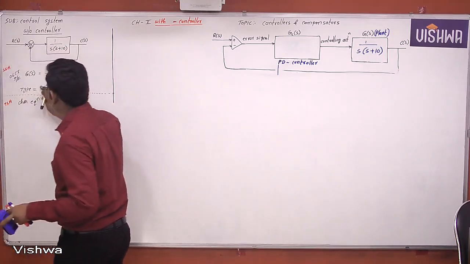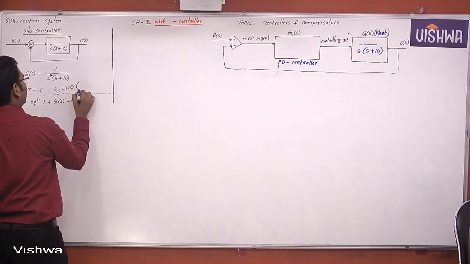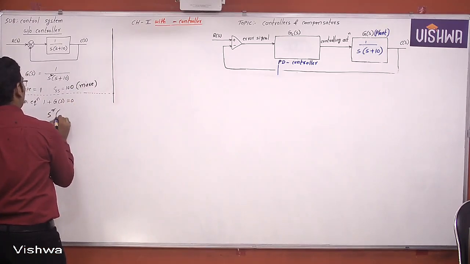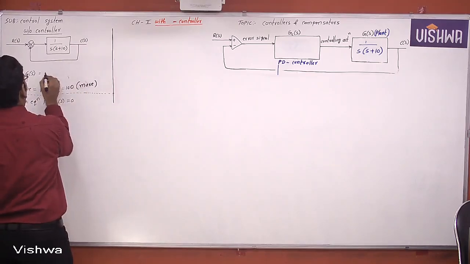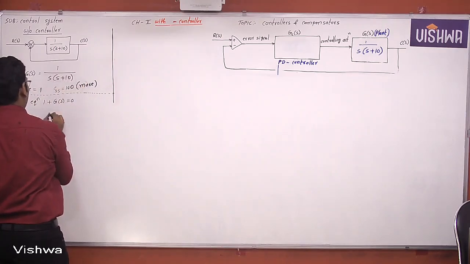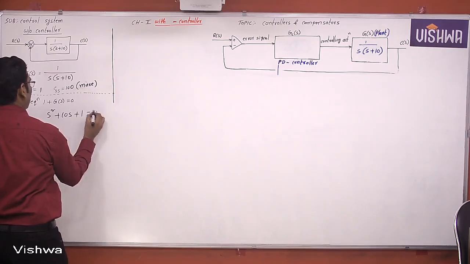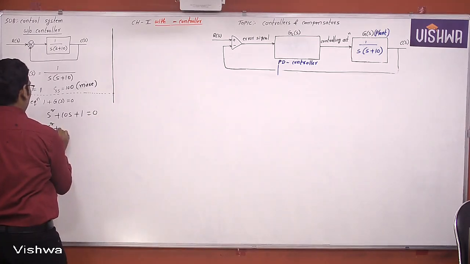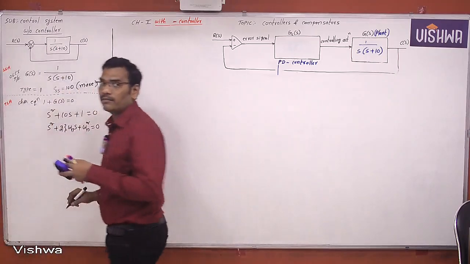Now the type is 1, meaning the error is somewhat more because the type is less, and the characteristic equation is 1 by S into S plus 10. So the characteristic equation is S square plus 10S plus 1 equal to 0, compared with S square plus 2 zeta omega n into S plus omega n square equal to 0, right?